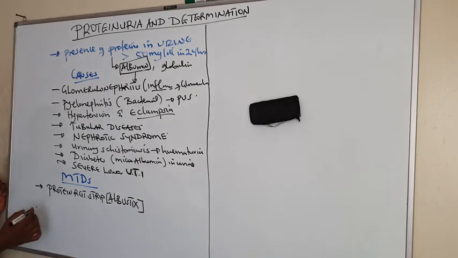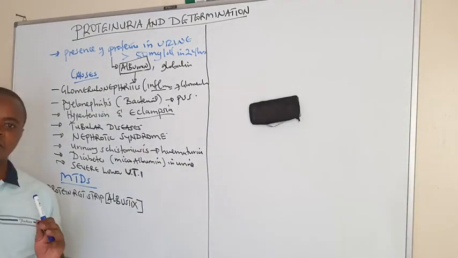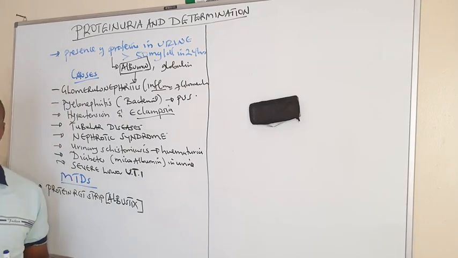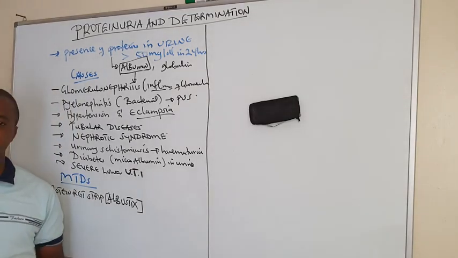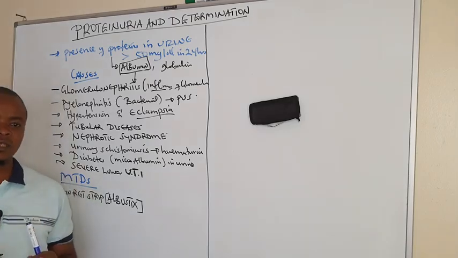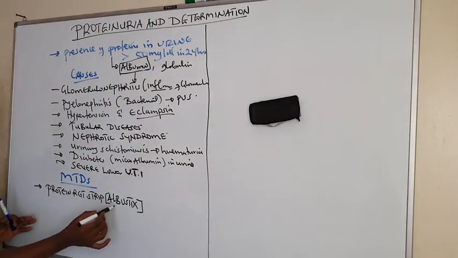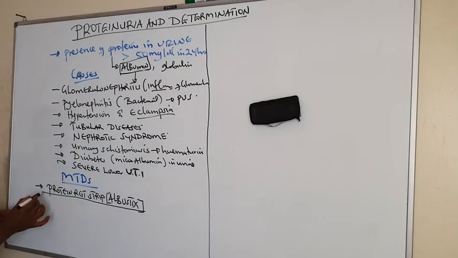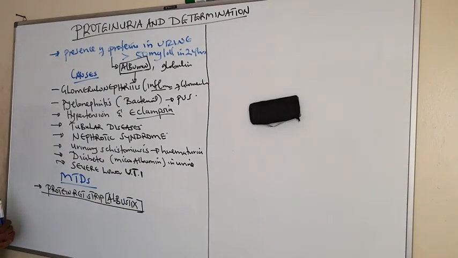Then another method we're going to discuss is using sulfosalicylic acid, which comes in either 3% or 25%. Then another method is the quantitative one, that is TCA. So let us begin with albustix or protein reagent strip.